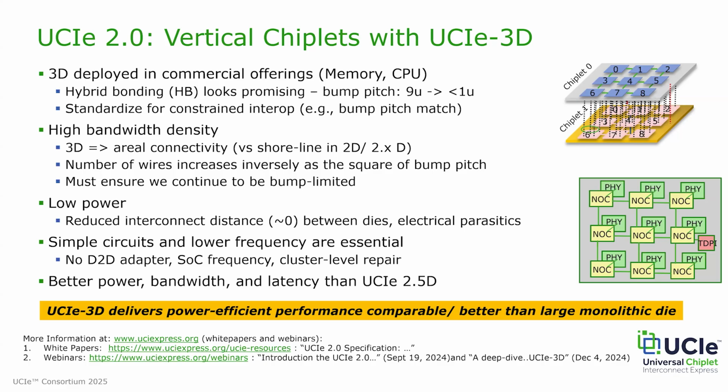And at the same time, because of the square nature of the number of wires that we have, we get tremendous improvement in the bandwidth. So we are getting benefit from both sides. So as a result, 3D interconnected chiplets with their low bump pitches offer better latency and better power characteristics than even large monolithic dies.